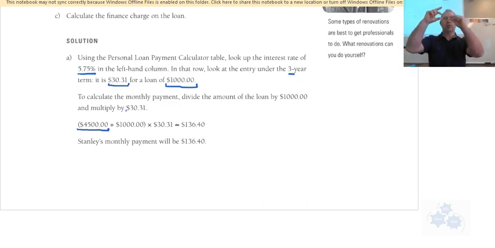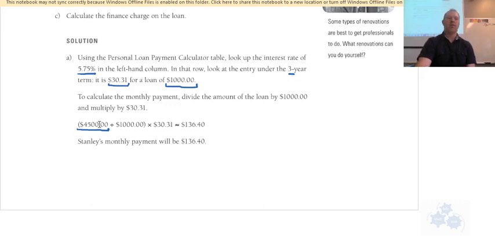If it's $2,000, you pay $60 and some. If it's $3,000, you pay another, about 90. So as the amount grows, the payment grows. And we have to find out exactly what fraction of 1,000 this is.